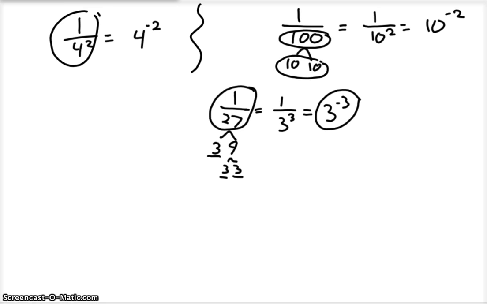Let's flip the page and look at our last example, example number 4. It says algebraic expressions with negative exponents. So it says evaluate 4a to the negative 5th power if a equals negative 2. Alright, so I'm going to plug in my information.